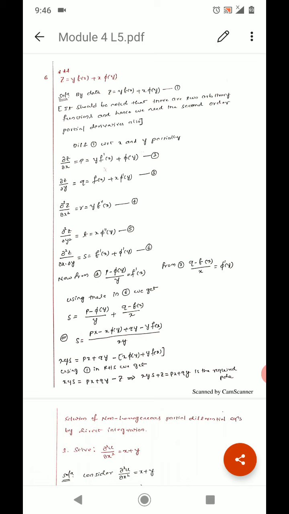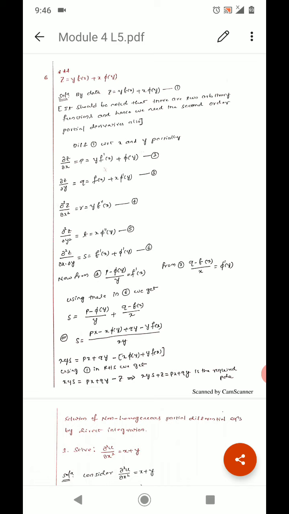Take that as equation 2. Next, with respect to y, so z with respect to y, that is del z by del y, which can be taken as small q, which is equal to, here we are going to treat x as constant, x terms as constant. So y into f of x, here y becomes 1.